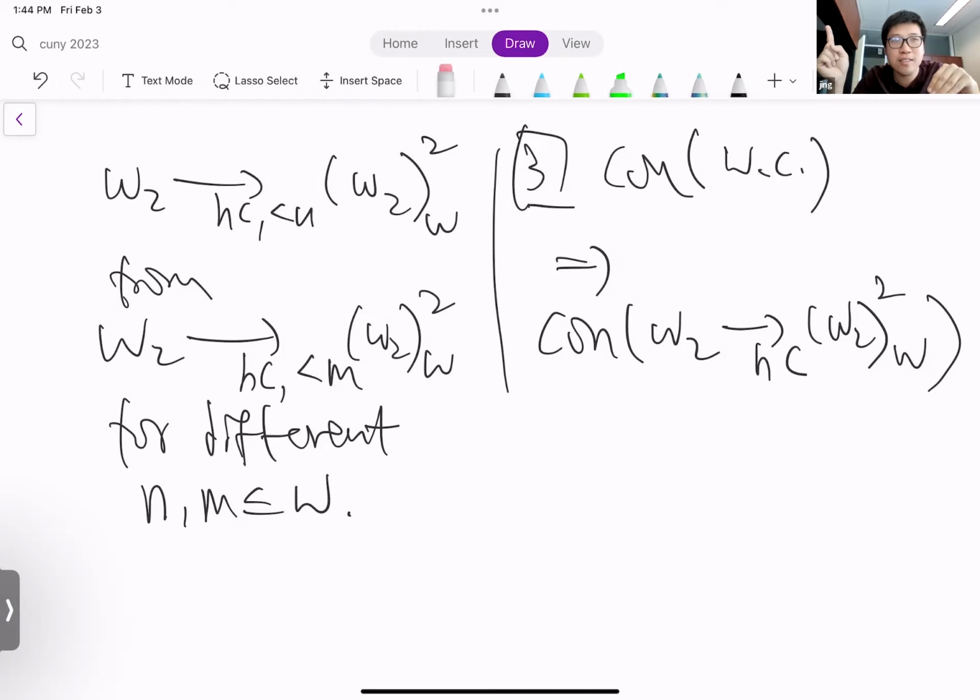And in that case you can essentially achieve however large a continuum you like. So just consistency results of saturated ideal on Aleph1, but with large continuum.